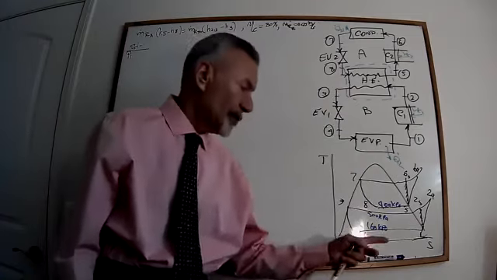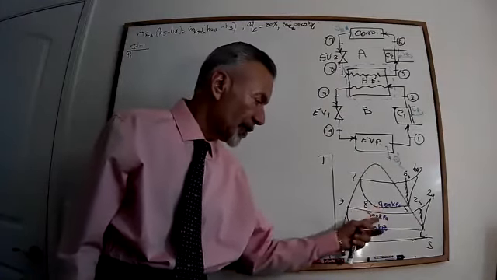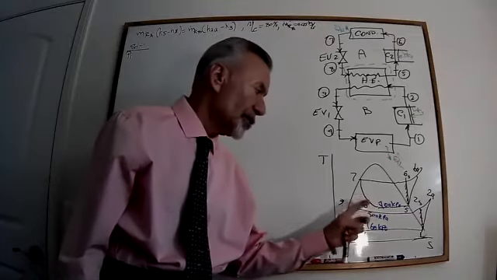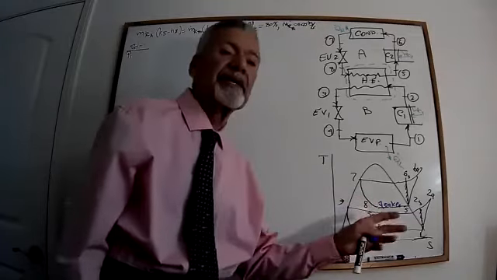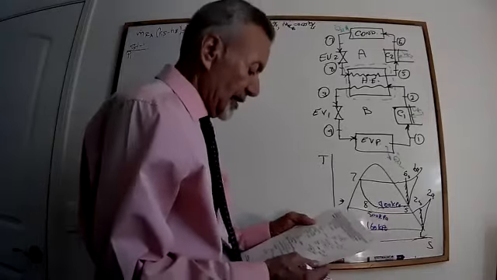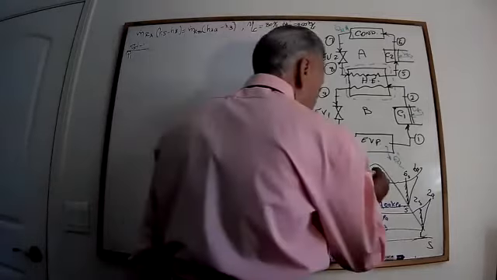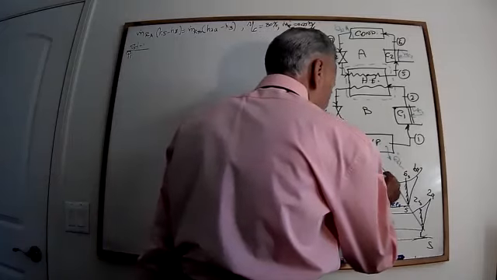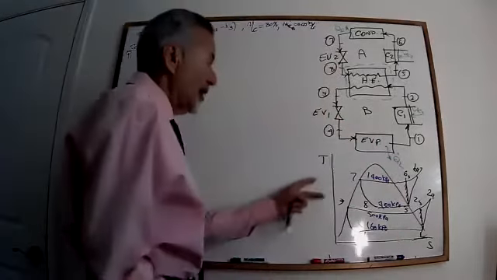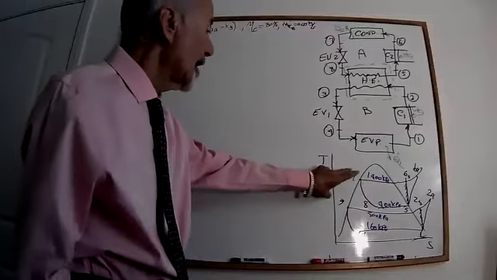And if you read it carefully, you realize these two pressures are different. So don't just rush through it. Read it very carefully. And of course, at the top, we have 1400 kilopascal.